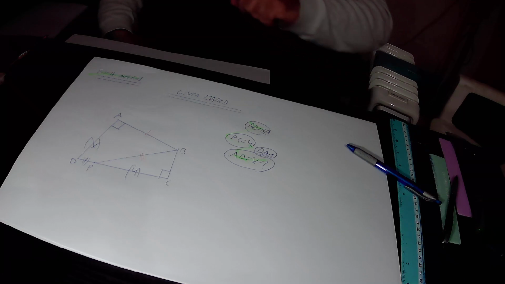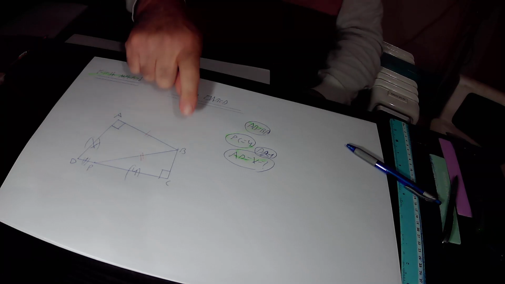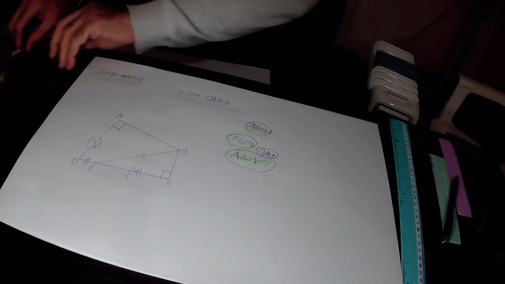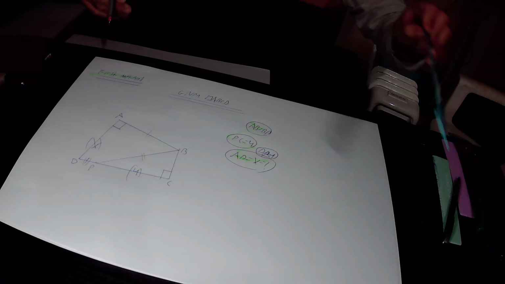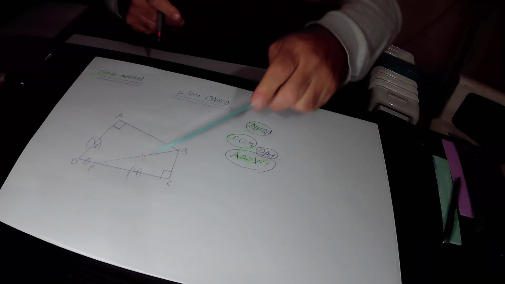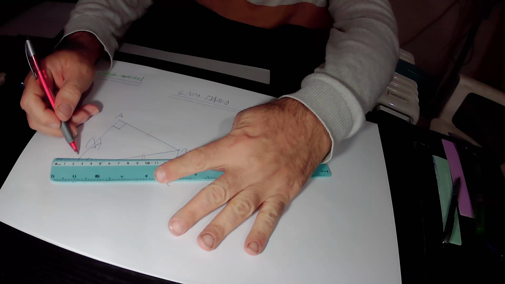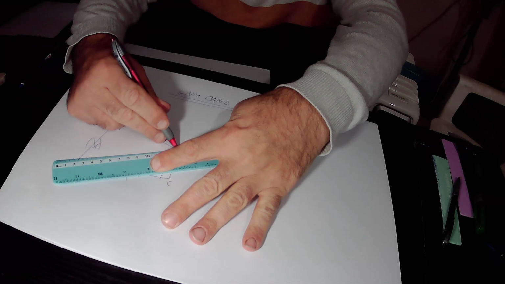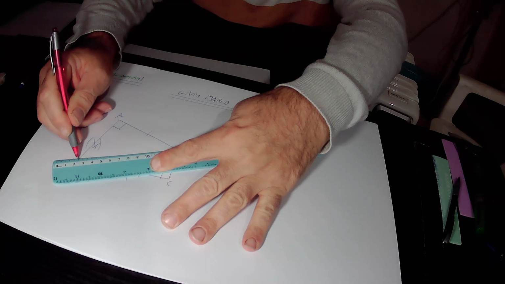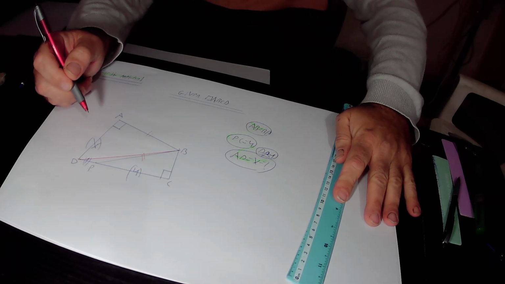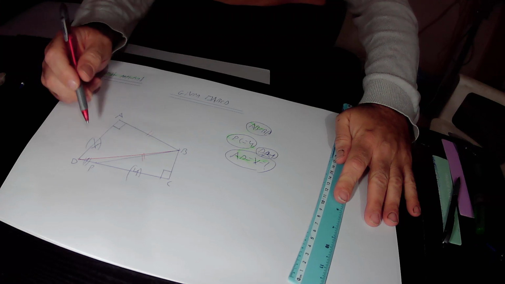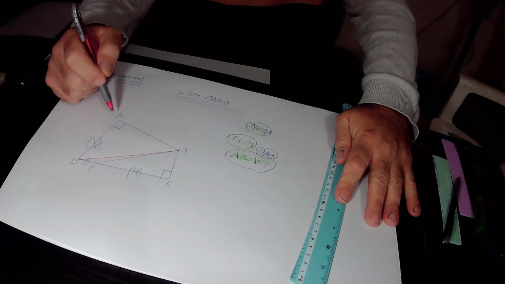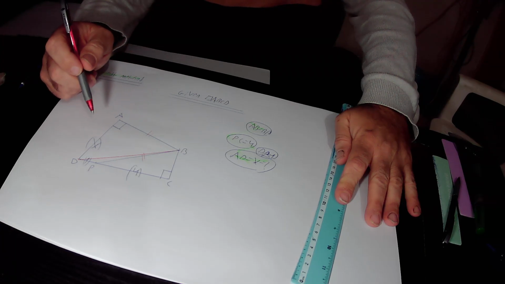So first of all, we will join points B and D together by a straight line. By joining points B and D, we divided quadrilateral ABCD into two parts.